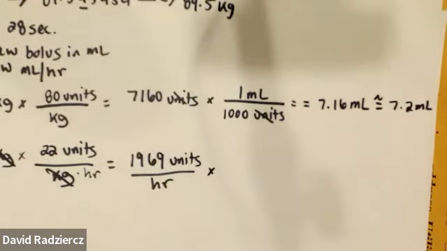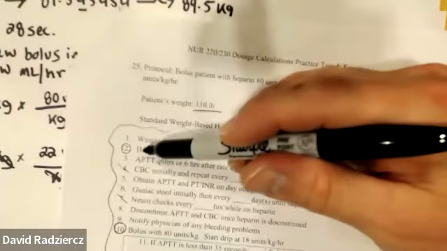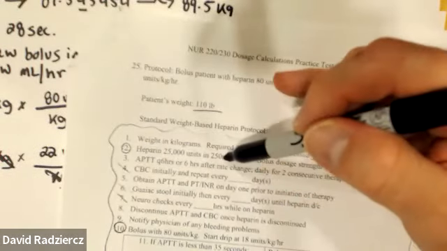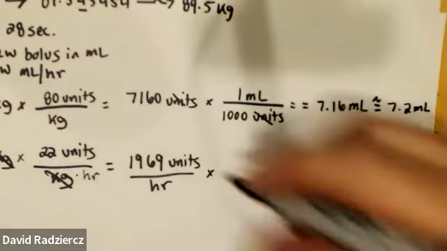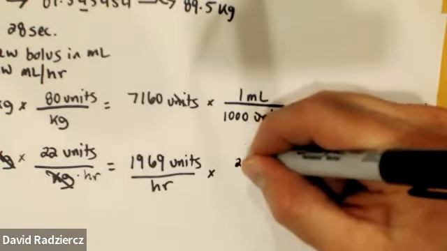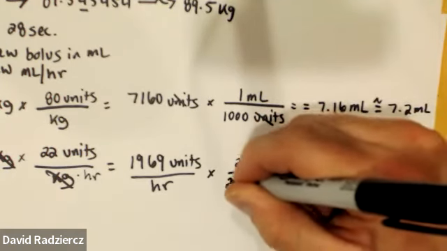We don't want units per hour. We want milliliters per hour. And we know from step 2, 25,000 units in 250 milliliters, half normal saline.